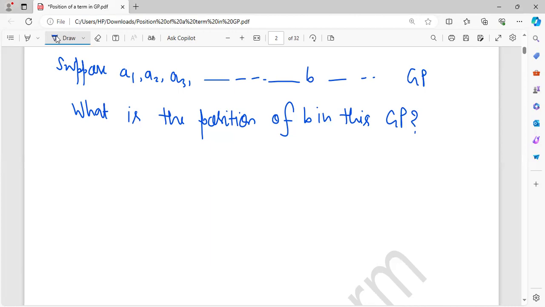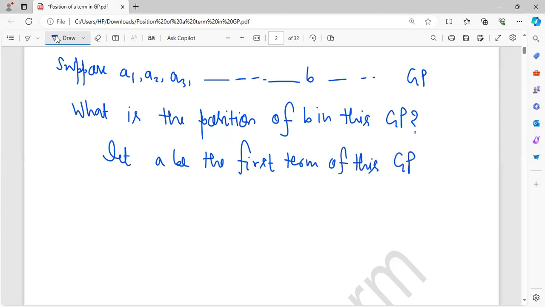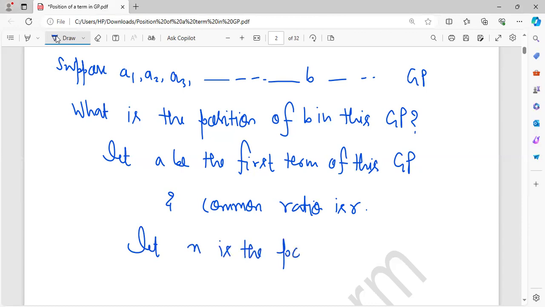Let A be the first term of this GP and the common ratio be R. Let N be the position of B in this GP.